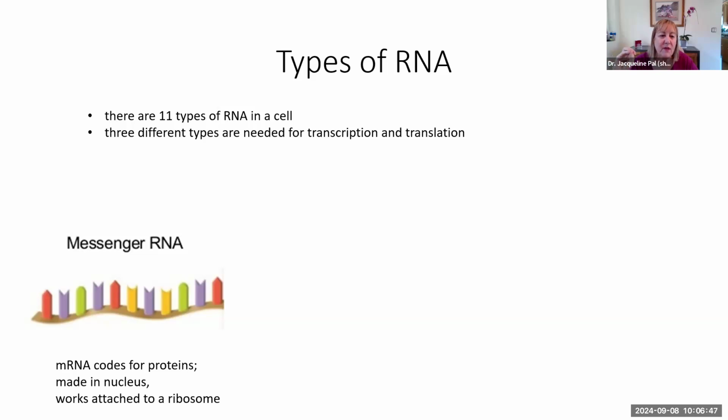Okay, it is made in the nucleus and then has to exit the nucleus through one of those nuclear pores, and it's going to work when it's attached to a ribosome. And as you know, the ribosomes are going to be either free-floating in the cytoplasm or they're going to be attached to the rough endoplasmic reticulum. So the messenger RNA has to exit the nucleus and attach to a ribosome to work.